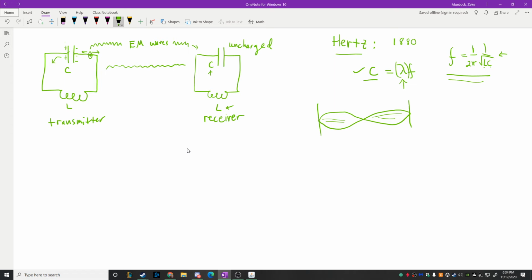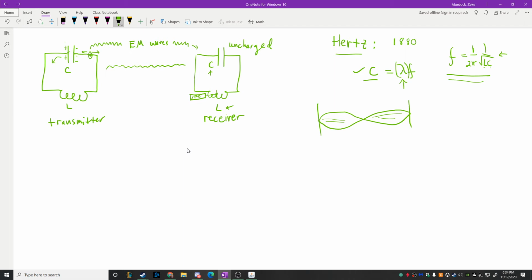A variable capacitor could be something in which the plates, you just pull them in and out from each other. Or you could have a variable inductor. What they often do is there will be an iron core, and you input the iron core into the inductor, but maybe only up to a certain point.